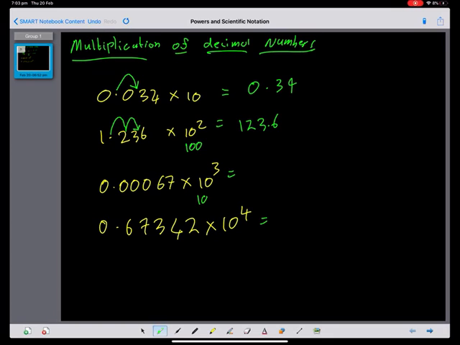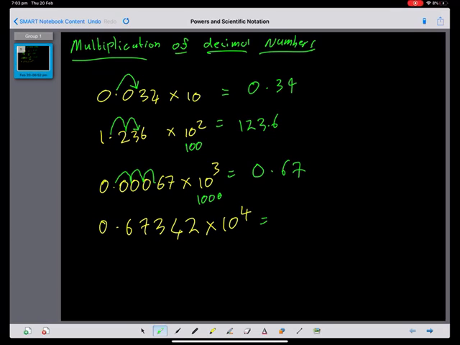Okay, so 10 cubed is 1,000, because 10 multiplied by itself 3 times gives 1,000. So we need to move this 3 positions, 1, 2, 3, to get 0.67.